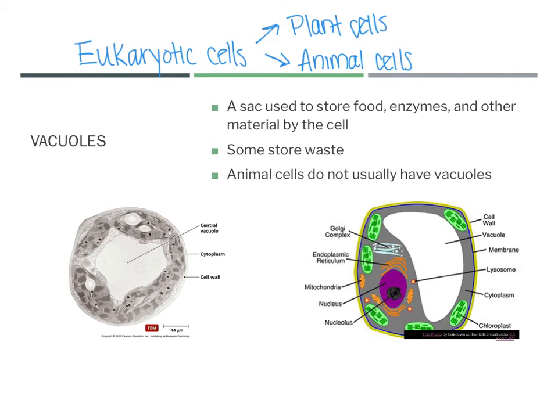Vacuoles are mainly going to be found inside plant cells. Typically, animal cells don't have vacuoles, and if they do, they are very small, much smaller than a plant cell's vacuole. Here is a computer-generated image of a plant cell. Look how huge this vacuole is. And this is an actual electron microscope image of a plant cell with the vacuole. In these plant cells, they're very large.